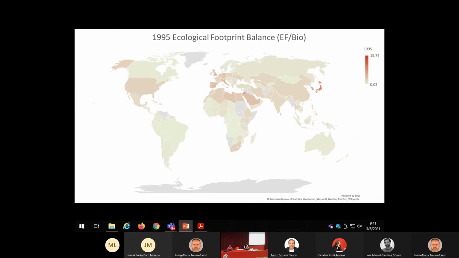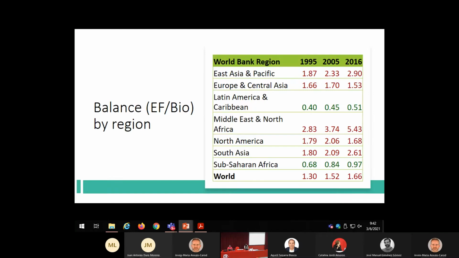And just a quick overview about the balance: 1995, 2005, 2016, and this is just an overview of the balance of each region according to the World Bank region. As you can see, we are in red, except for Latin America, Caribbean, and Sub-Saharan Africa.